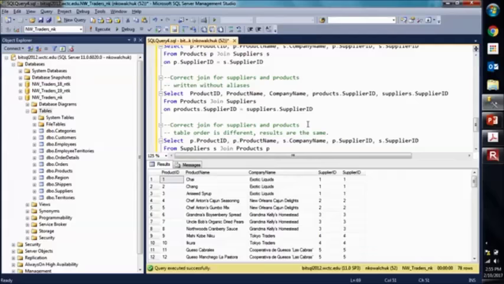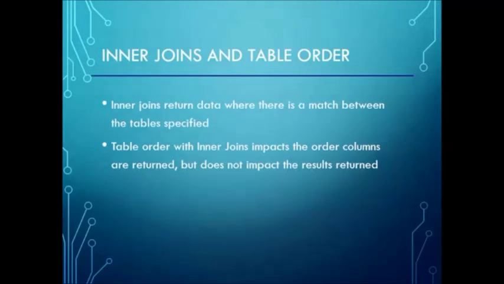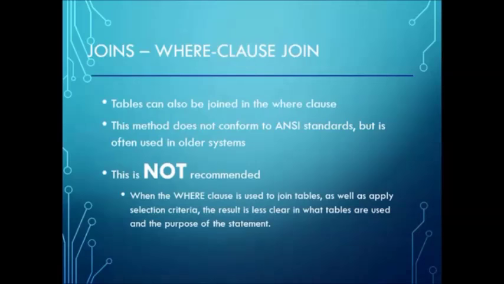Now we want to talk about another type of join. Where clause joins are something that was done in the past. They do not conform to ANSI standards, so the standards that govern SQL, but they're often used in older systems. This is absolutely not recommended to do.